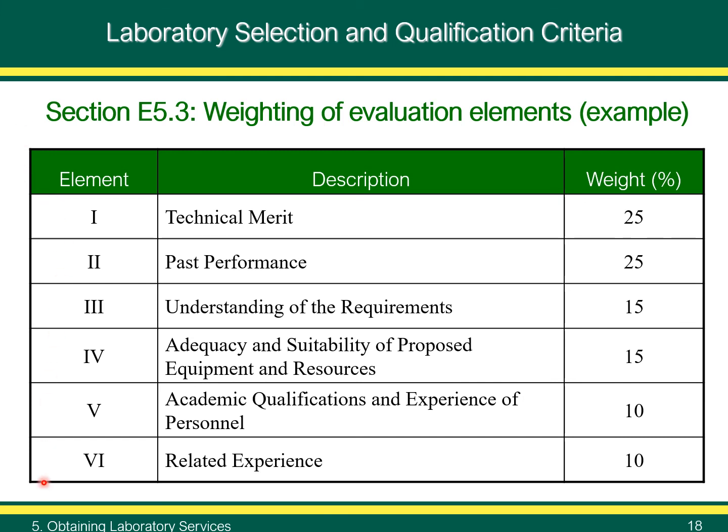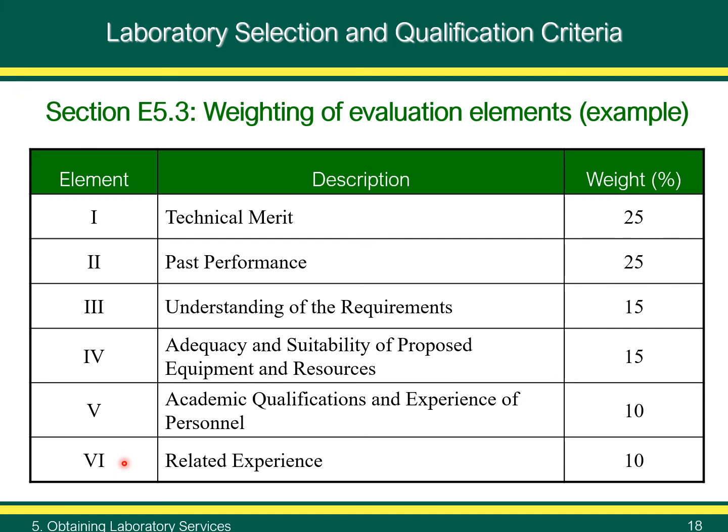We see 6 elements that will be used for the evaluation: technical merit, past performance, understanding the requirements, adequacy and suitability of proposed equipment and resources, academic qualifications and experience of personnel, and related experience.